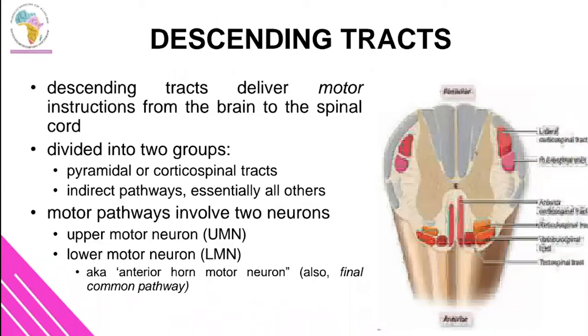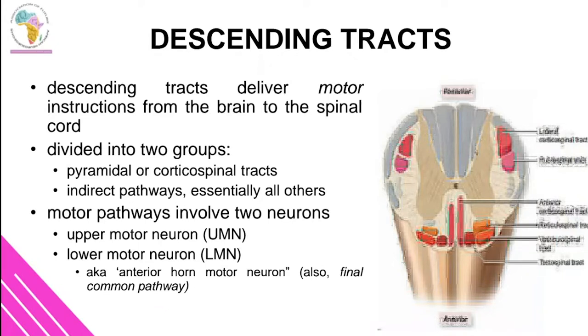So now we are going to talk about the descending tracts. The moment sensory information has been sent to the brain, interpretation takes place in different aspects of the brain, including the cerebral cortex.